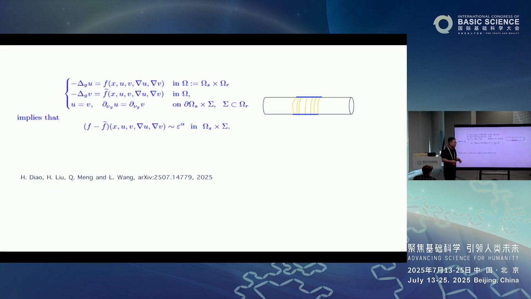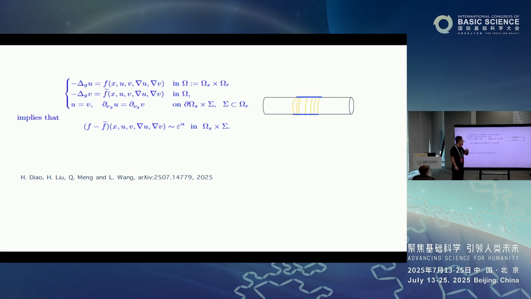The same idea: we got this semi-linear PDE, minus Laplace v, with f and f tilde. But actually it is defined in this product space, omega s times omega r. Let's simply take this as a cylinder with a very thin opening size, so the cross section is very small.